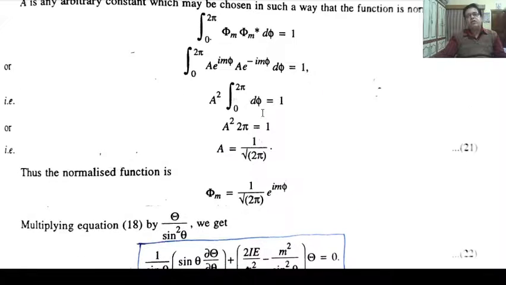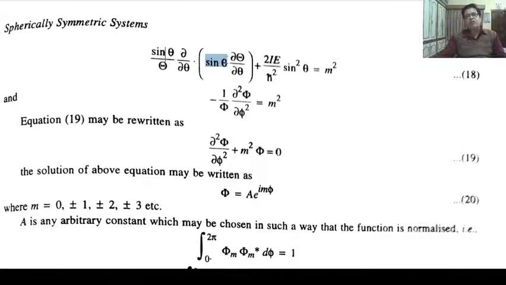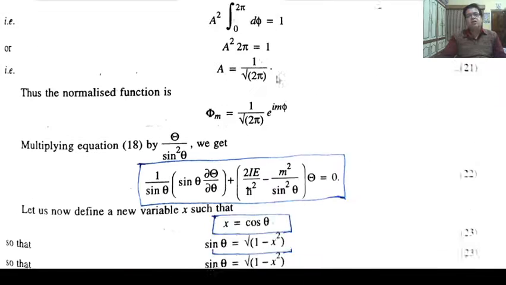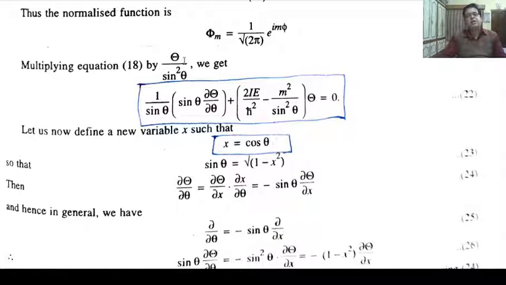Now the theta term. This is the equation of theta, and we just rearrange it by multiplying by capital Theta upon sin square theta, and this equation becomes 1 upon sin theta d upon d theta (sin theta d capital Theta upon d theta) plus (2IE upon h bar square minus m square upon sin square theta) capital Theta equal to 0.